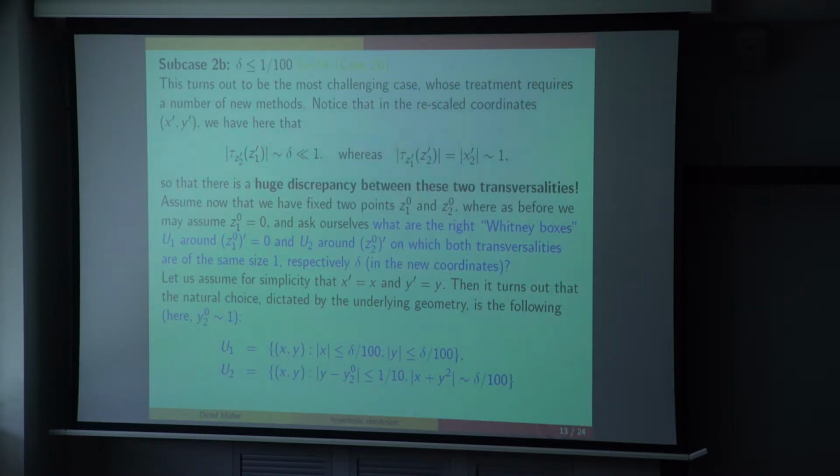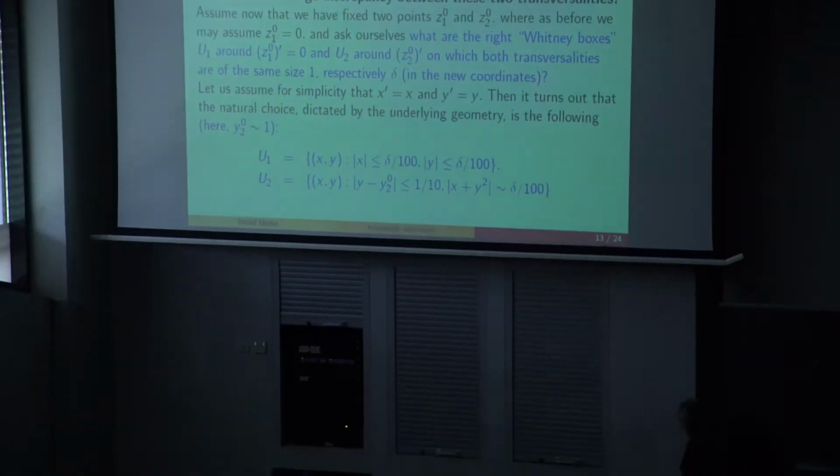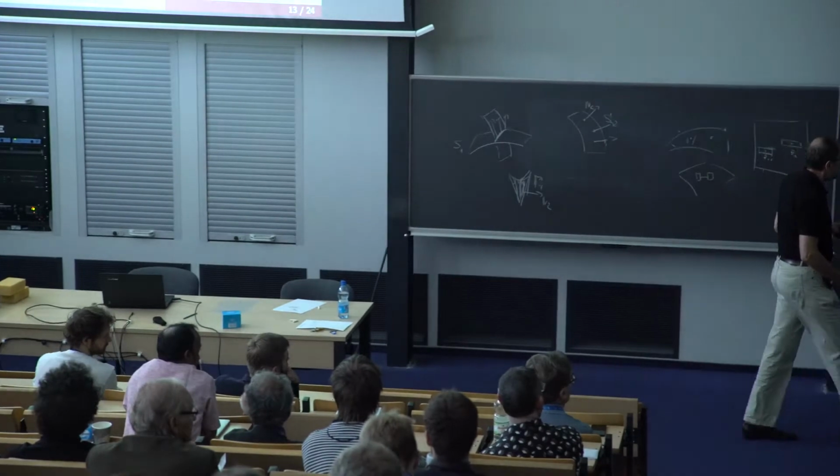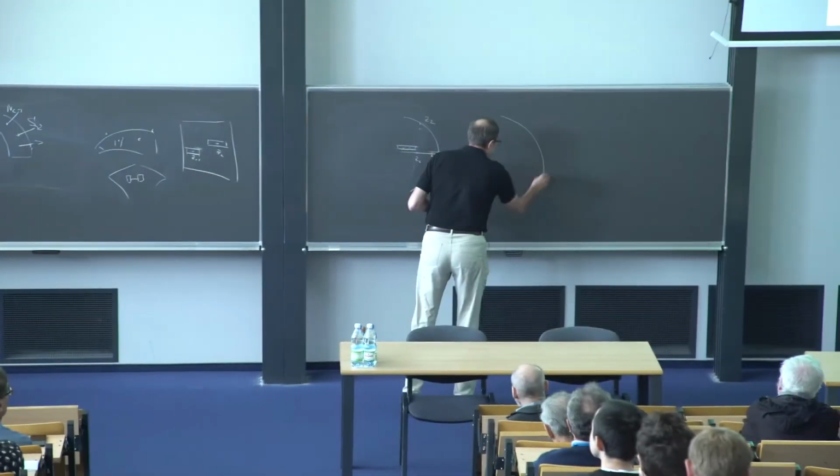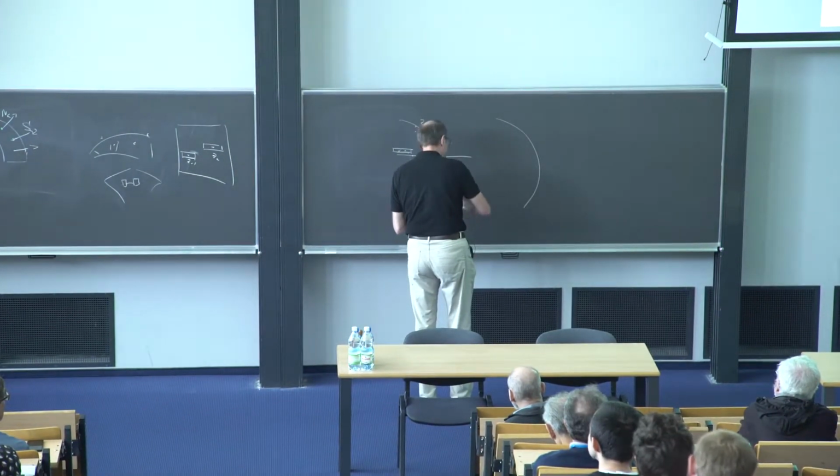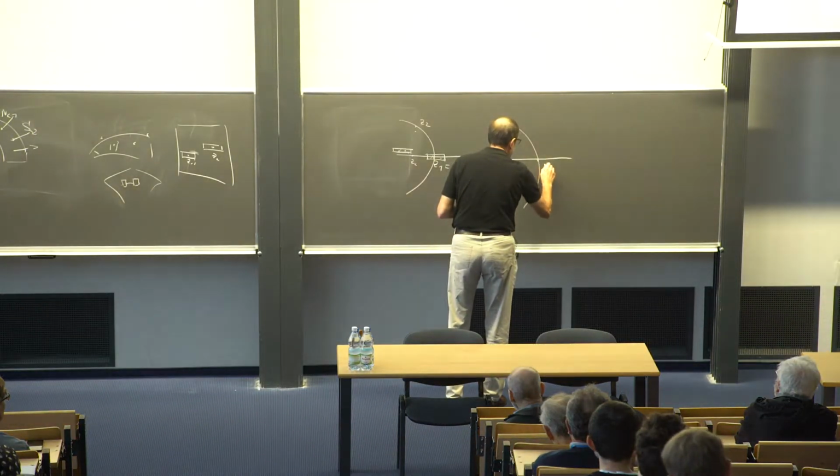We tried some scaling, and so some of the natural scaling is that maybe you want to scale somehow in x2, because let's say the picture here would look a little bit more as follows. So again, we have this curve, we have the horizontal curve. Here's where Z1 is located.